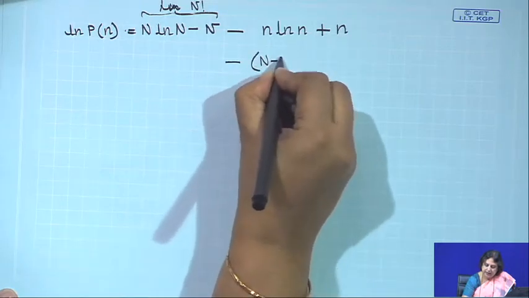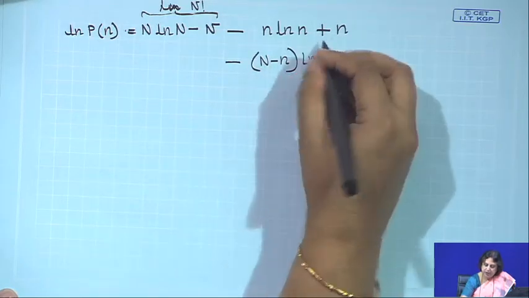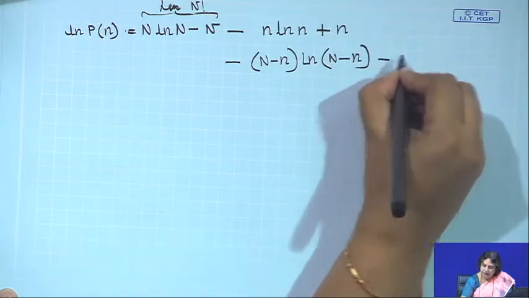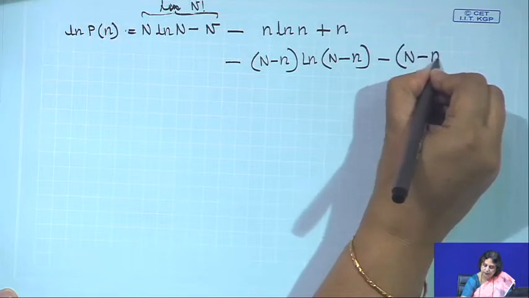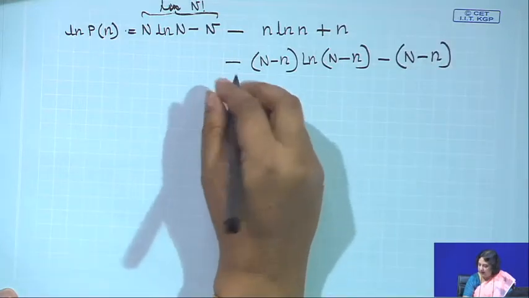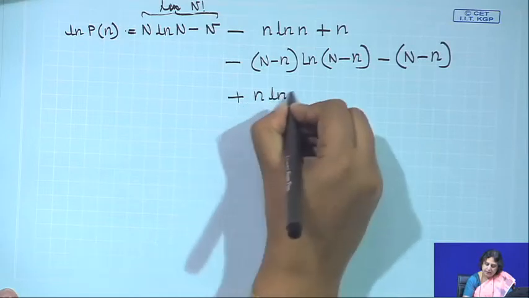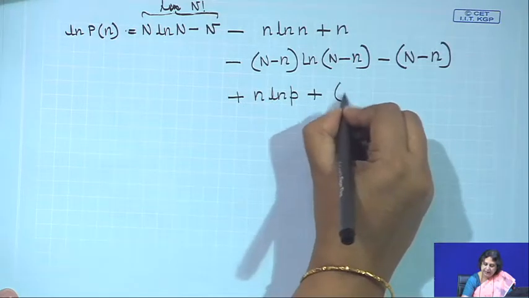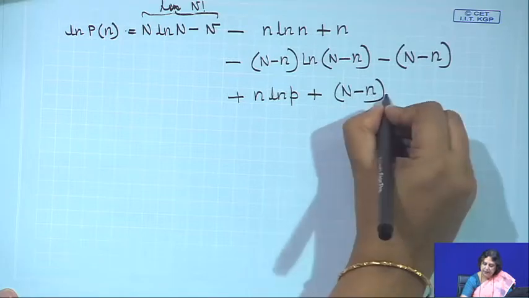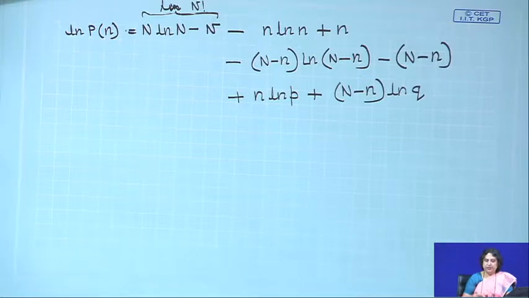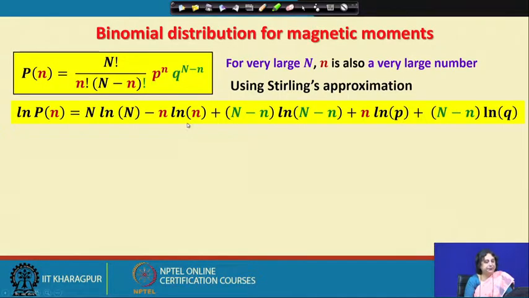Also, I can have the term corresponding to (N minus n) factorial, and finally, I retain the terms plus n ln p plus (N minus n) ln q. I can do a little bit of algebra, get rid of all the terms that I do not really require, and this is what I am going to get.